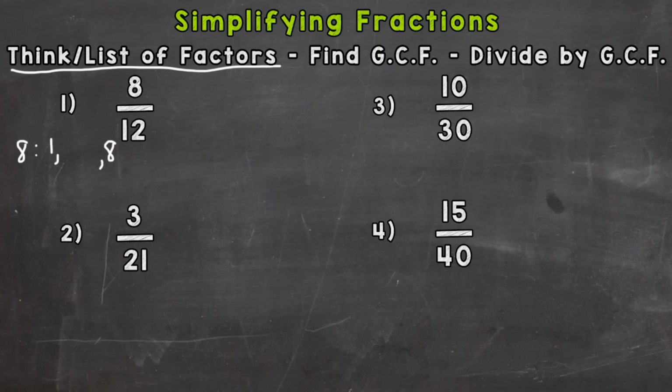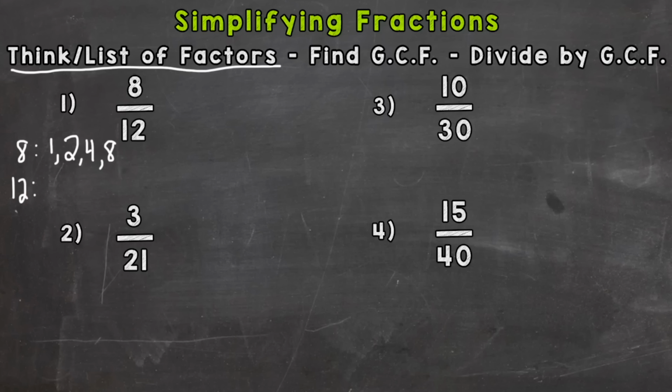Are there any other numbers or math facts that can get us 8 when we multiply them together? Well, 2 can go into 8 and 4. 2 times 4 is 8. So let's add those to our factor list. And that's actually all the numbers that can multiply into 8, right? So let's do 12 now.